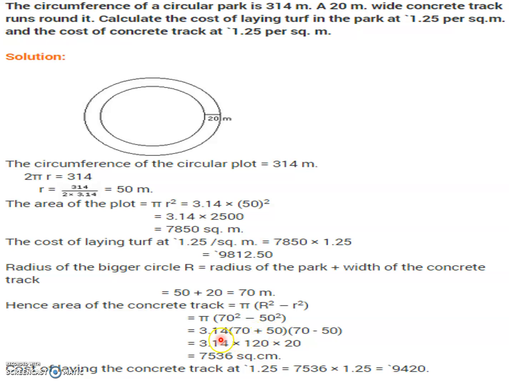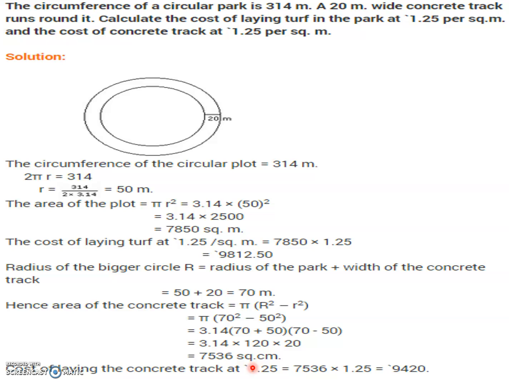So pi R square minus pi r square is pi into 70 square minus 50 square. That is 3.14, and because we know that a square minus b square is a plus b into a minus b, so 3.14 into 70 plus 50, 120, into 70 minus 50, 20, easy to calculate. That is 7536 square meter. Now we have defined the concrete track area.